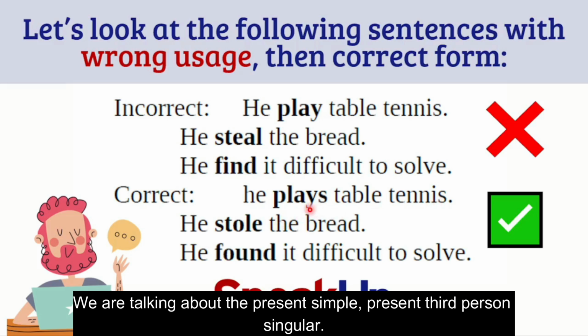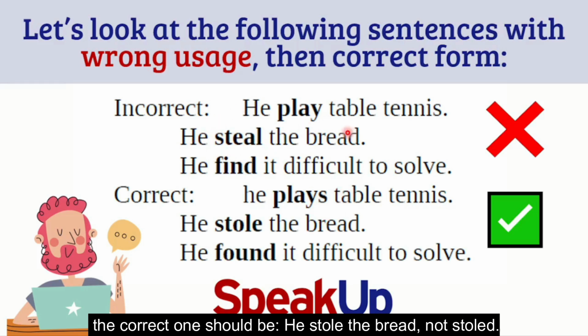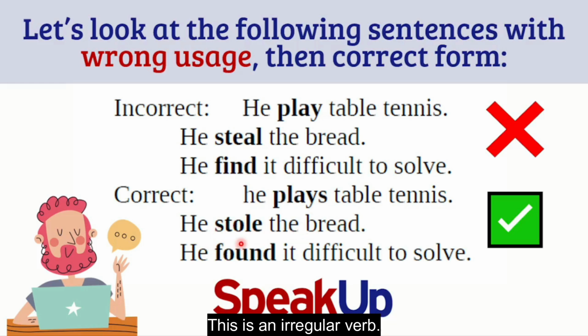We are talking about the simple present, third person singular. It is necessary to add an S. But if you say, he stole the bread, meaning the past, the correct one should be, he stole the bread, not stole. This is an irregular verb.